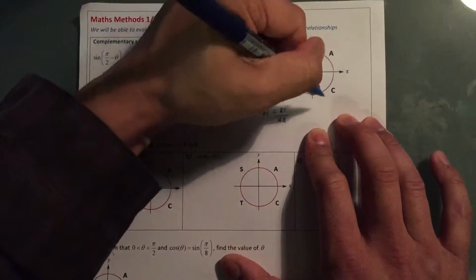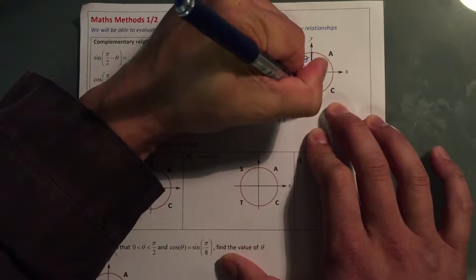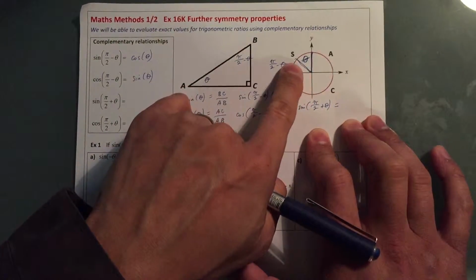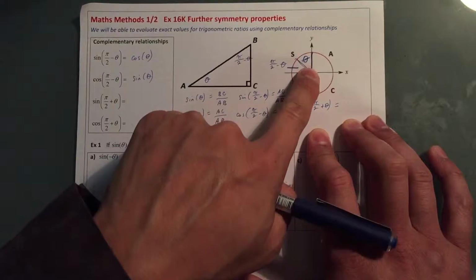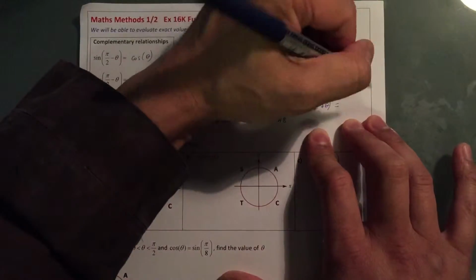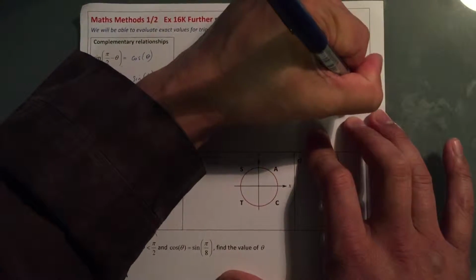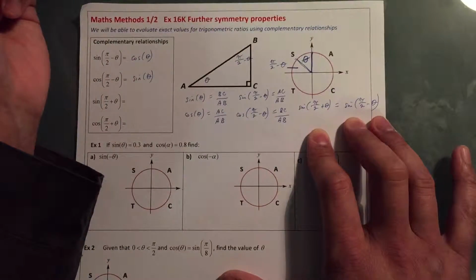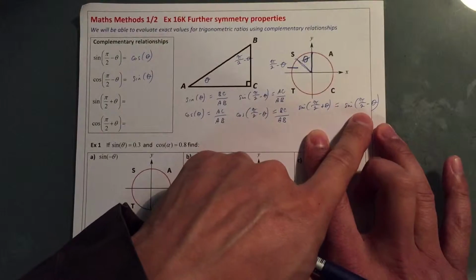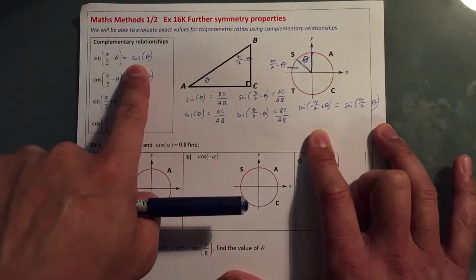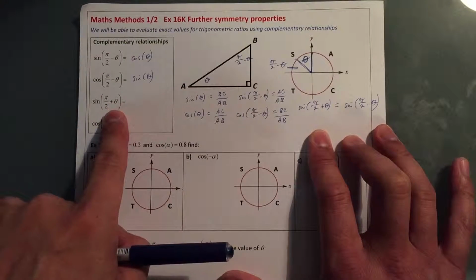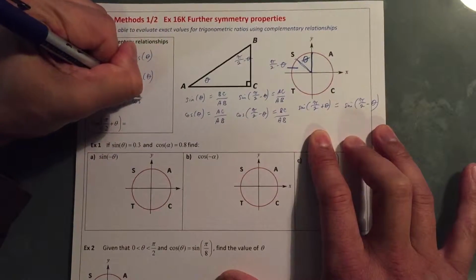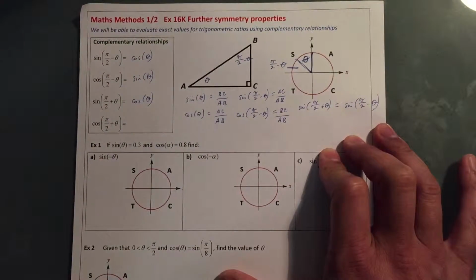Because this is pi on 2 plus theta, sine of it is the same as sine pi on 2 take theta, and because it's already in the sine quadrant, it stays positive. And we know that sine pi on 2 take theta is cos theta. So sine pi on 2 plus theta is cos theta. And that's our third complementary relationship.